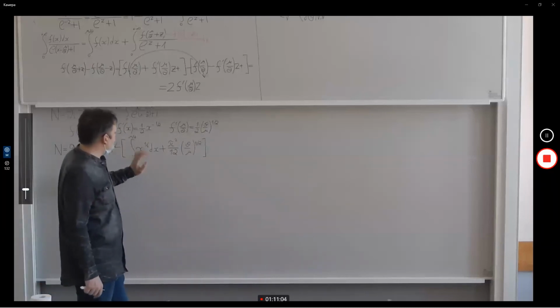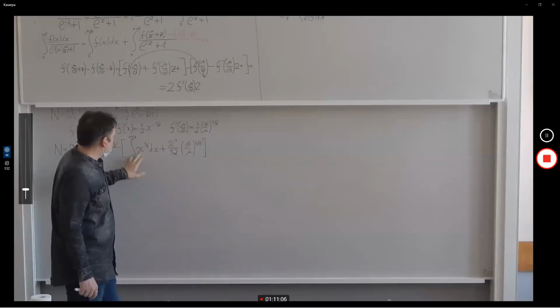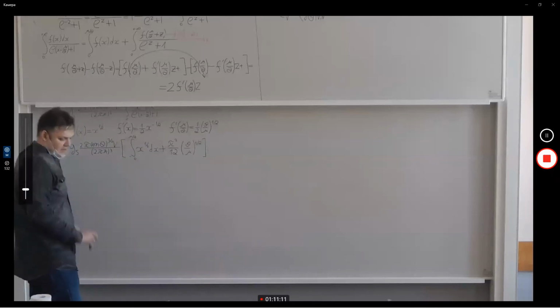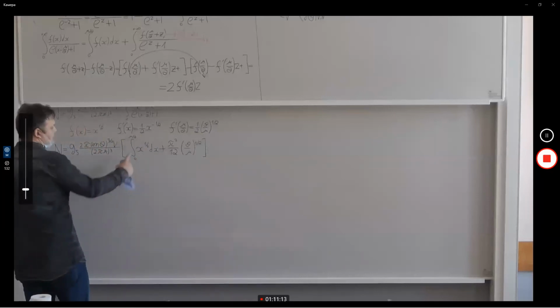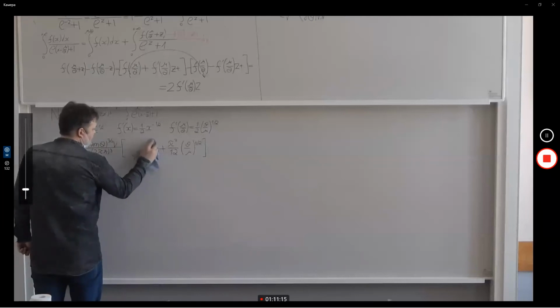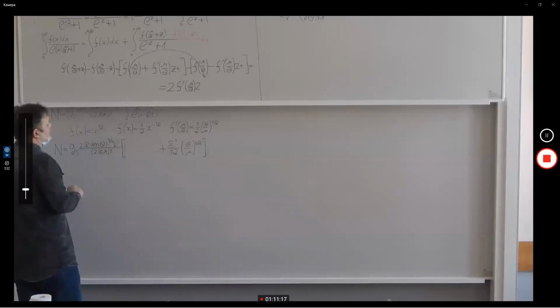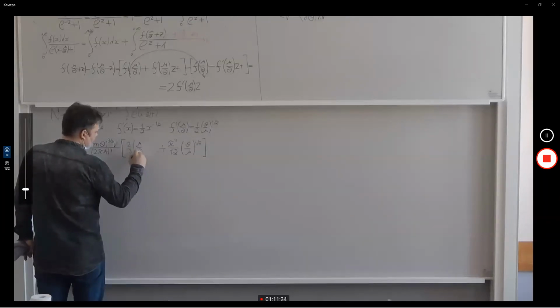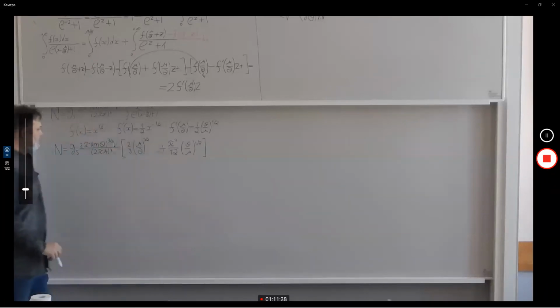Okay, and now we should compute this integral. It's very easy. So I replace this integral by its value. It's 2/3 of μ divided by θ to the power 3/2.